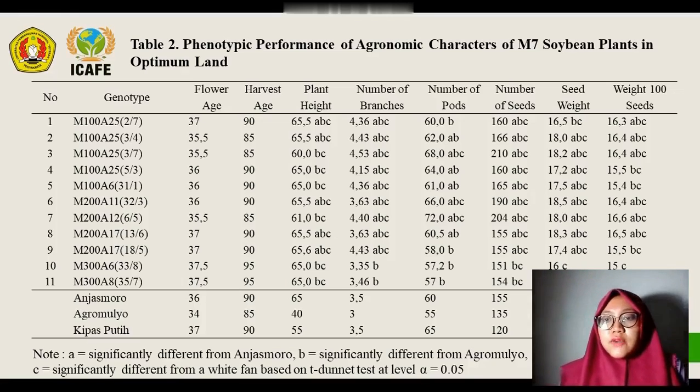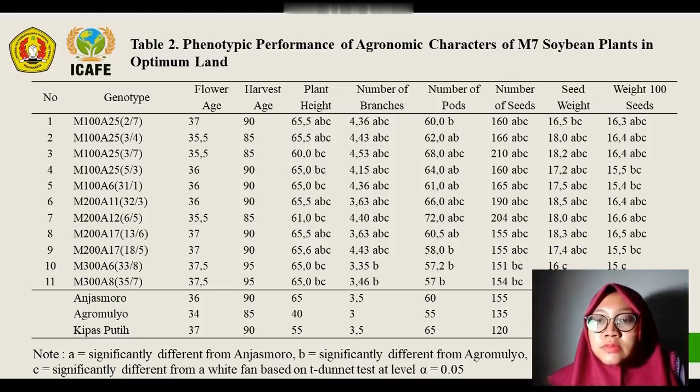The main advantage of them is that they have a lower plant height, a higher number of seeds, and a higher weight of 100 seeds than the parent and the 2 comparison varieties, Anjasmoro and Kipas Putih, and the other selected 7 mutant genotype soybean plant populations.